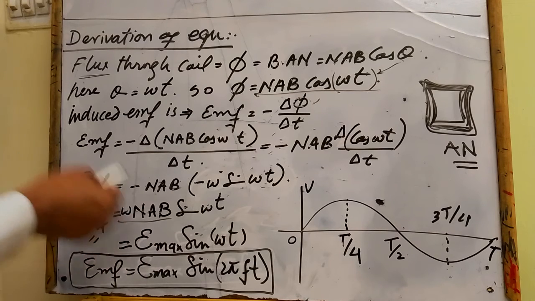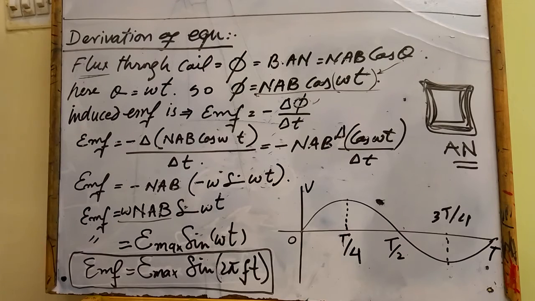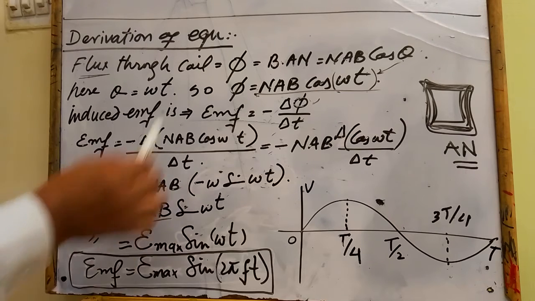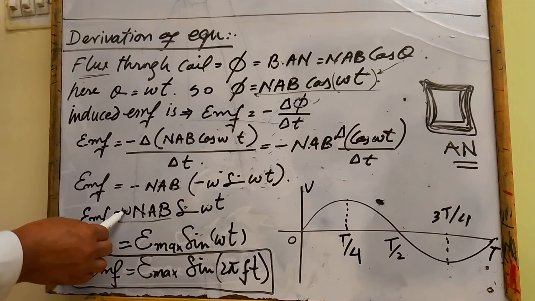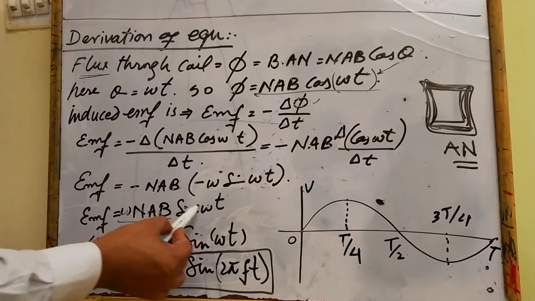Actually, we can vary the angular velocity of the generator to increase or decrease the current or the voltage. But in our country, the voltage we use is 220, and the frequency of that current is 60, so we can take omega as a fixed value.